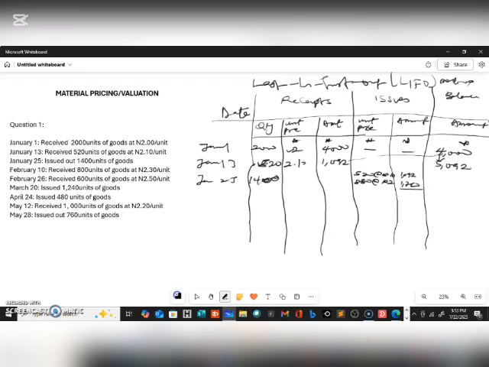So 2852, because we are issuing out, we're going to take it out from this. That will be 5092 minus 2852. Okay, we are going to be left with 2240.